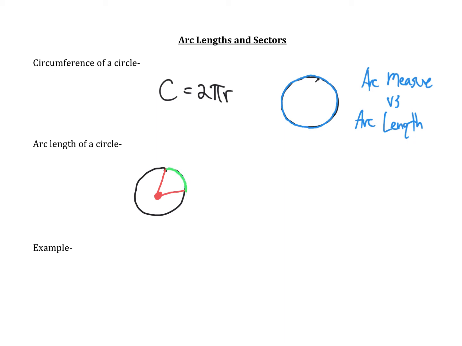So that portion in green would be my arc length. And I might just simply define that as a portion of the circumference of a circle. That's simple.